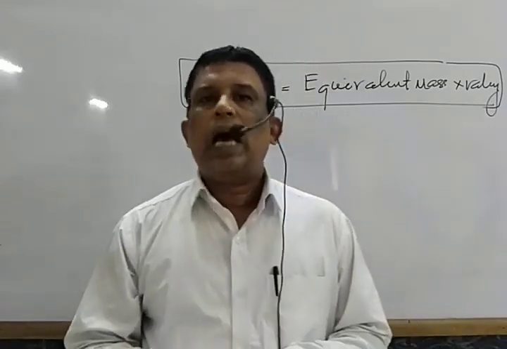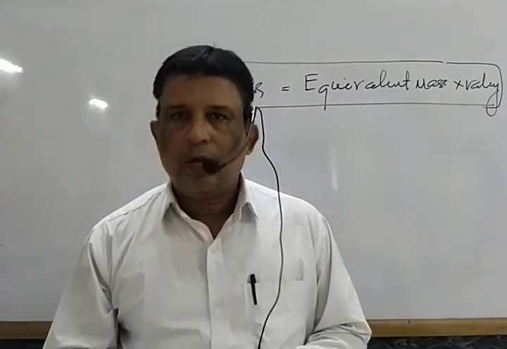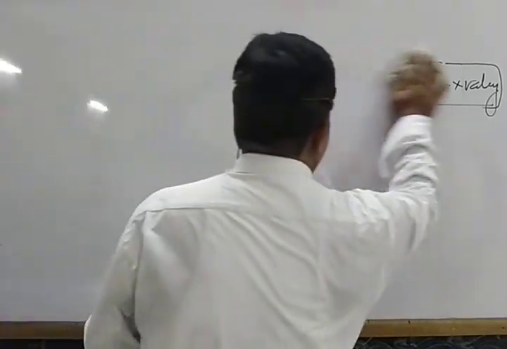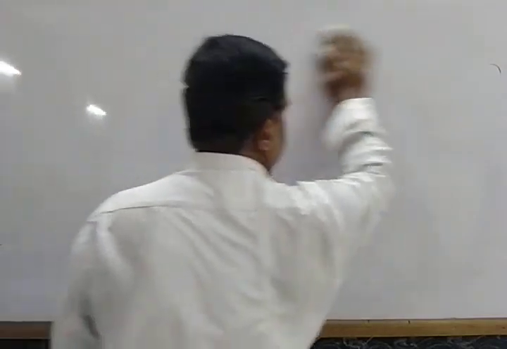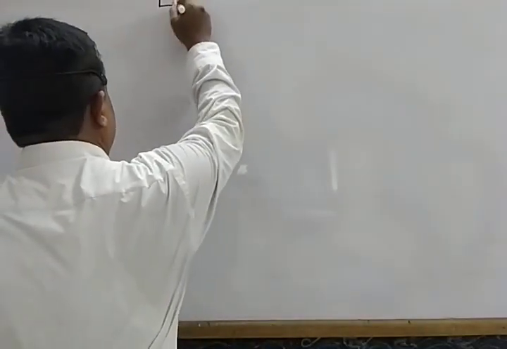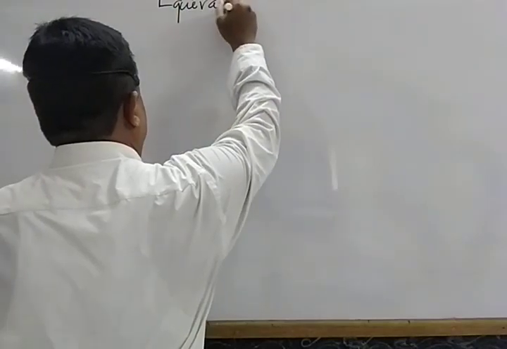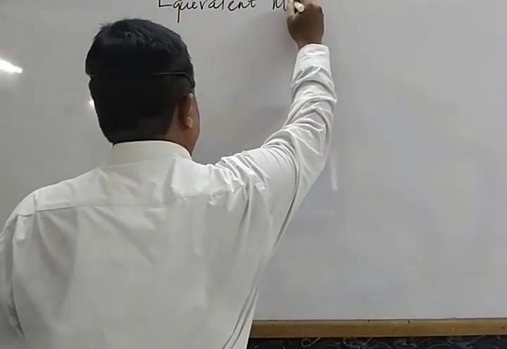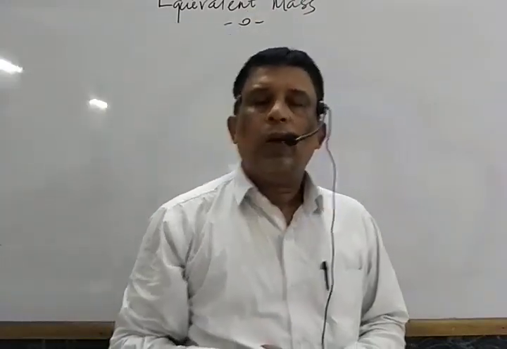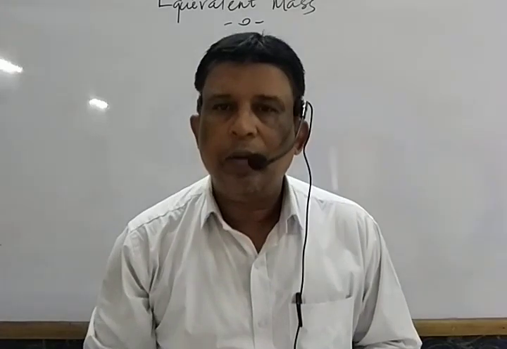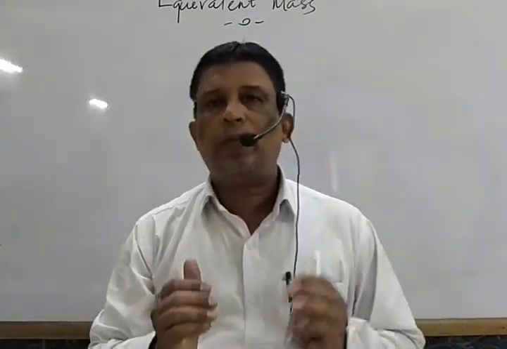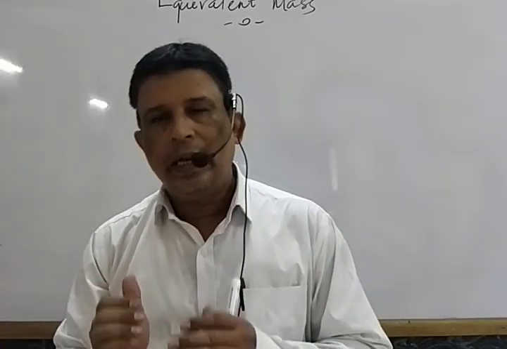Next we go to another term, that is equivalent mass. What do you mean by the term equivalent mass? It is not a fixed one. Equivalent mass of an atom or element is not a fixed one.